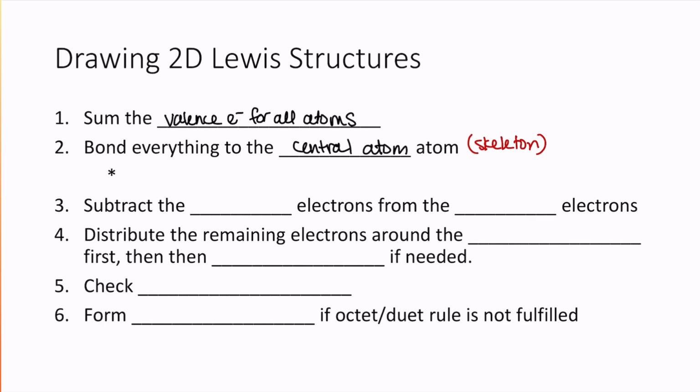Now, your central atom is usually the first element in a binary compound. So a binary compound or a binary molecule, if you will, is going to be something that only has two elements in it. And it's usually the first, but keep in mind it can never be hydrogen.